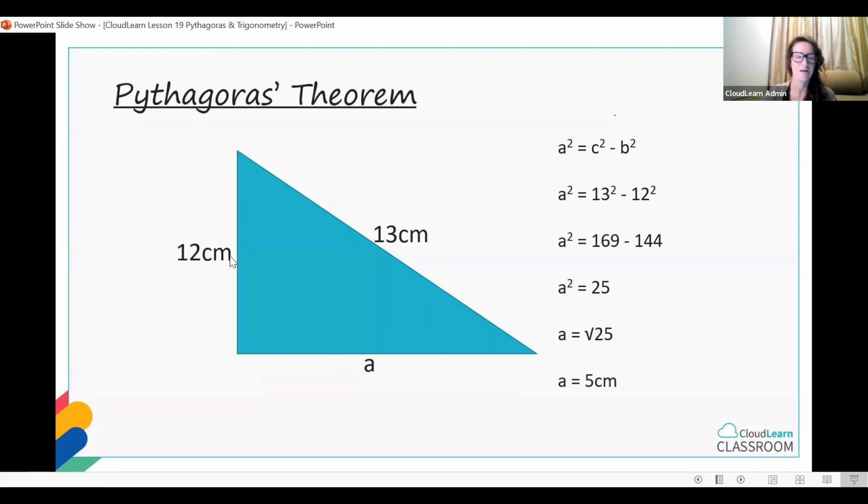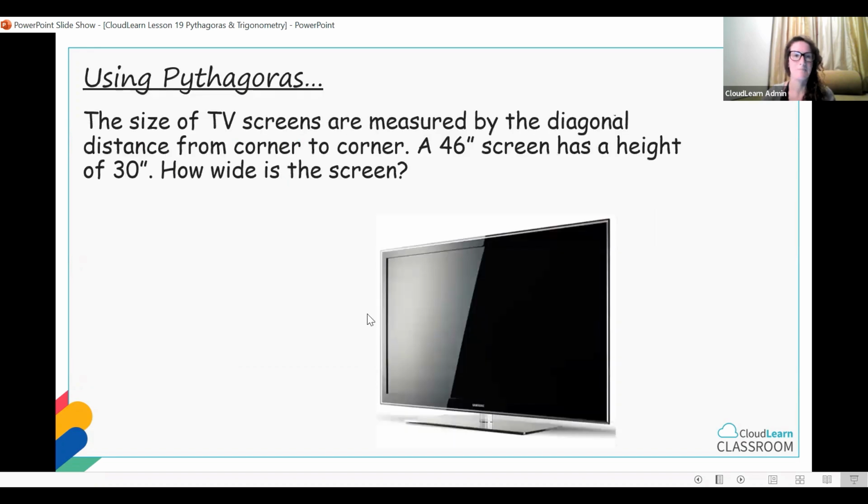It's three integers, three whole numbers, where 5 squared plus 12 squared equals 13 squared. That's called a Pythagorean triple, just like 3, 4, and 5, and many other numbers like that, quite famous.